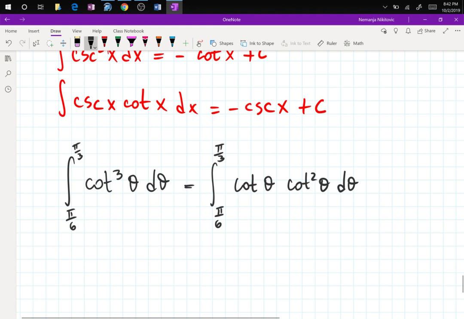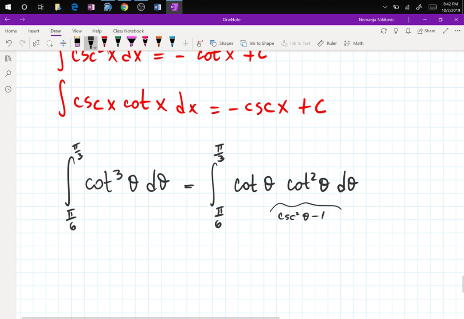You have the option to transfer this into cosecants and then see if that's going to help. So what we know is that cotangent squared plus 1 is cosecant squared, right? So it's going to be cosecant squared theta minus 1 when you transfer this.